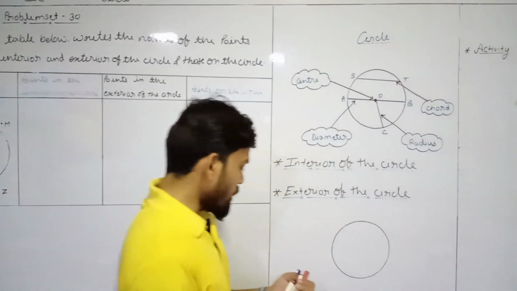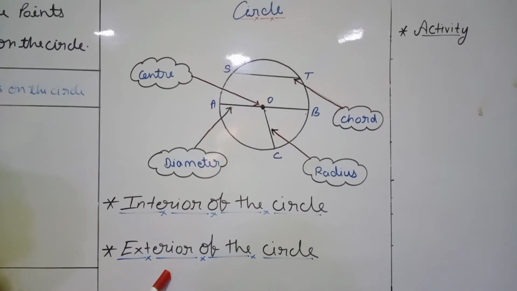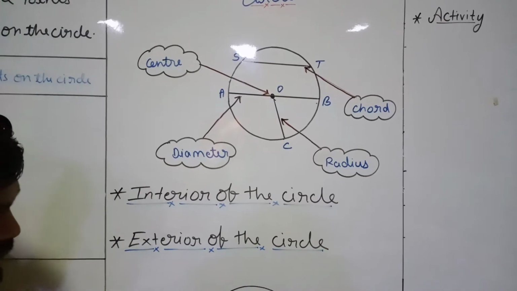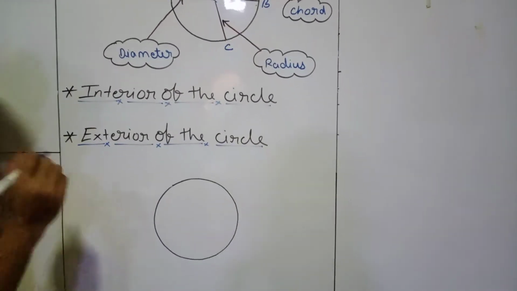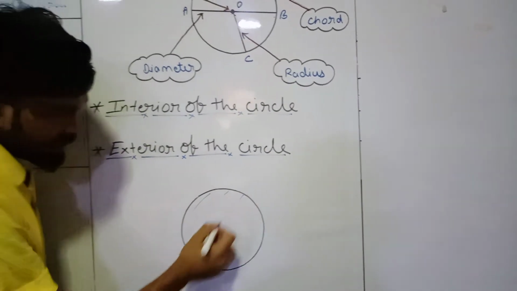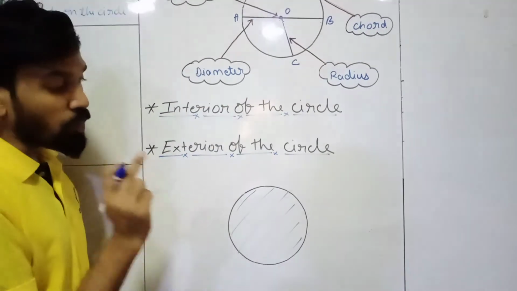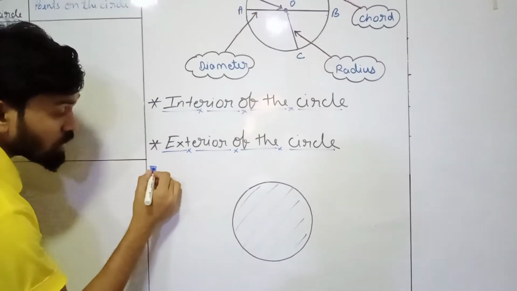So let's see here. Today we are going to learn about the interior and exterior part of the circle. So first, you can see a circle drawn over here. If I am talking about this region of the circle, all the inside, this blue color, this blue color is what?